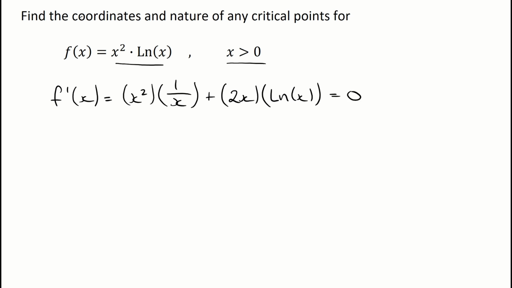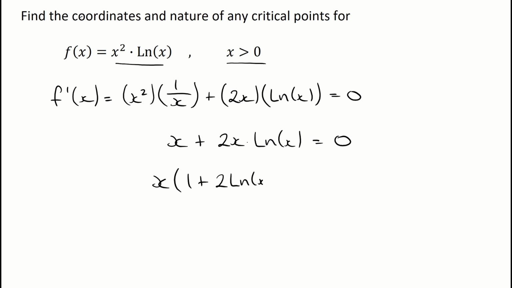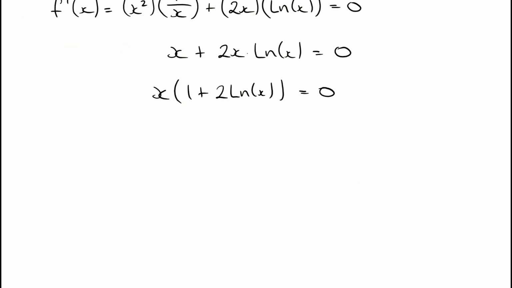So with a little bit of algebra, this first bit here simplifies to just x plus 2x times the natural log of x has to be 0. Now I can factor out a common term of x here, so I get x times 1 plus 2 times the natural log of x needs to be equal to 0. Now there's two possible solutions here.